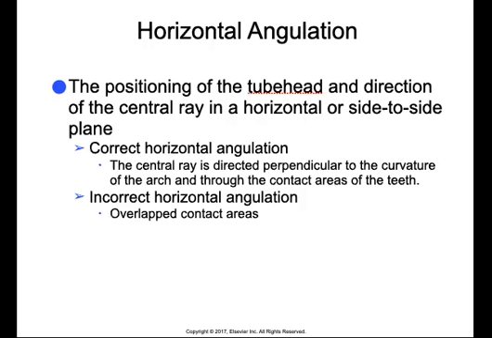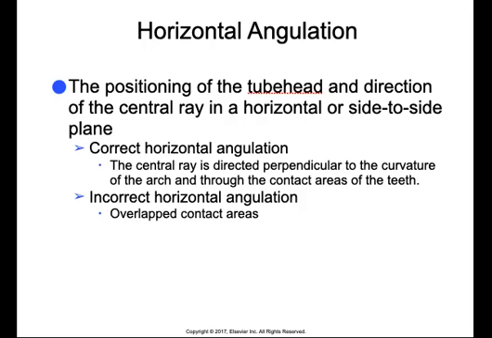Horizontal angulation refers to the positioning of the PID and the direction of the central ray in a horizontal or side-to-side plane. With correct horizontal angulation, and if you look on page 178 on figure 18-8, we can see that the central ray is directed perpendicular to the curvature of the arch and through the contact areas of the teeth.